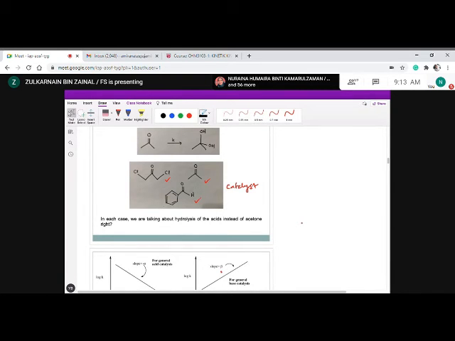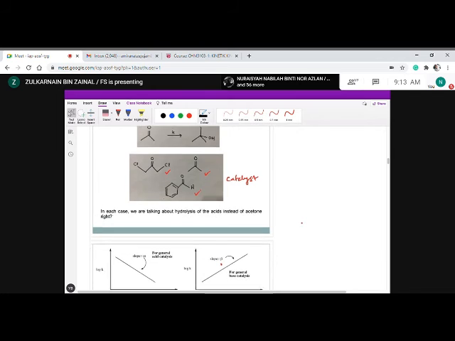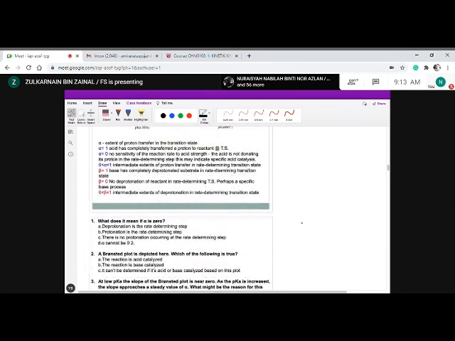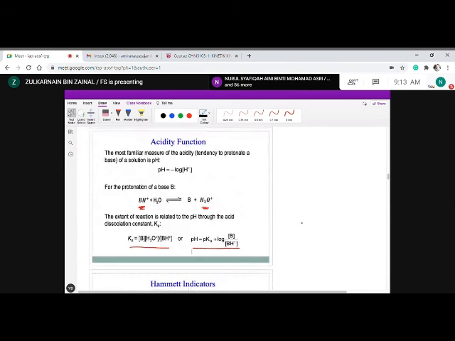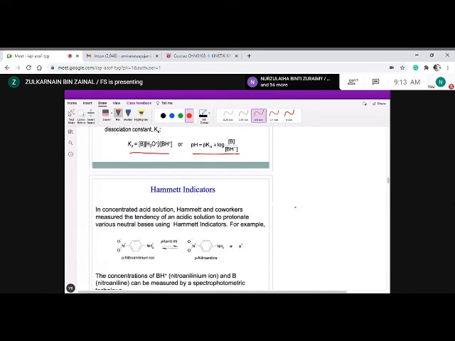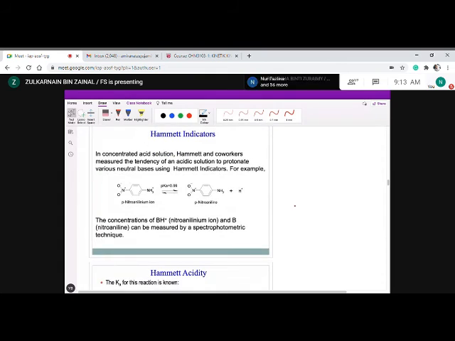We have also seen how the Ka value relates to the concentration of H3O plus from the acid base equilibrium.